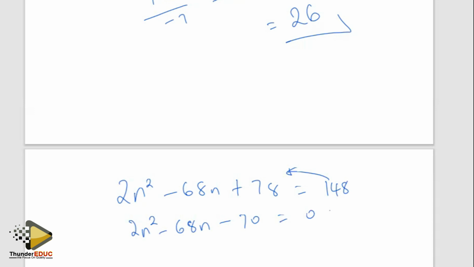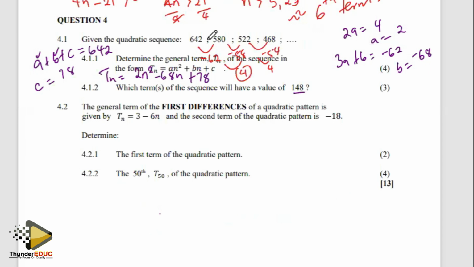Does that make sense? Let's go back and see. This was a negative. Okay, so this negative 78 that we subtract from the 642. 642 minus 78. Remember, it's a negative.